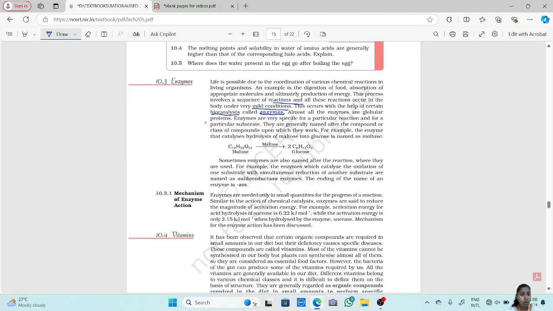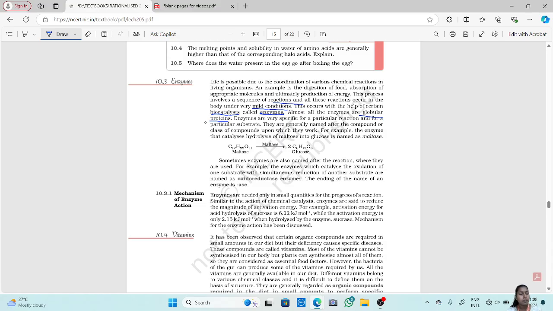Almost all the enzymes are made up of globular proteins. Now enzymes are very specific for a particular reaction and for a particular substrate. Similarly, when we use a catalyst, it is particular for the reactions, right? We don't mix up the catalyst.